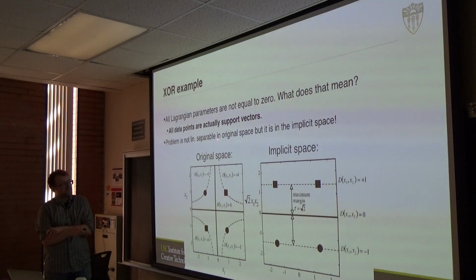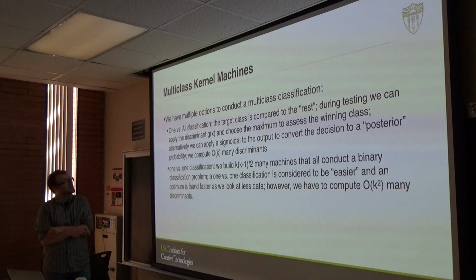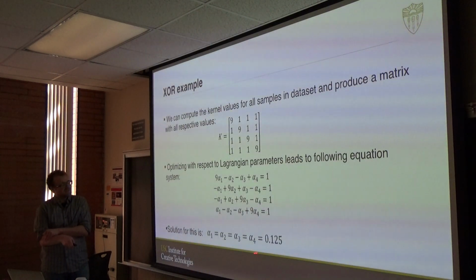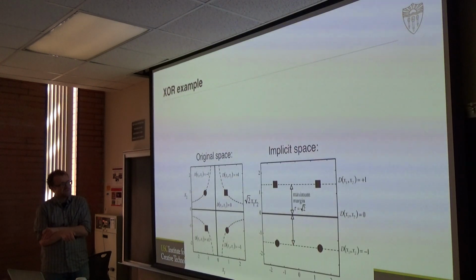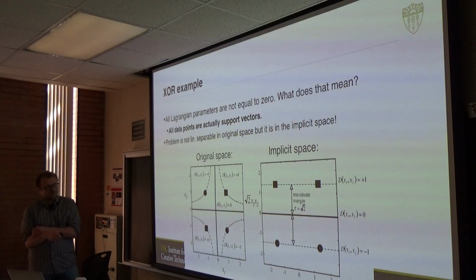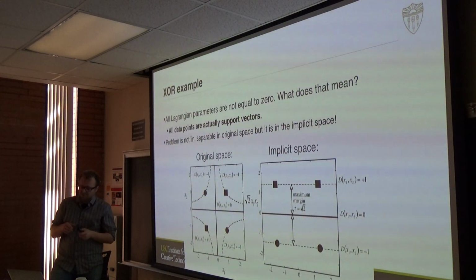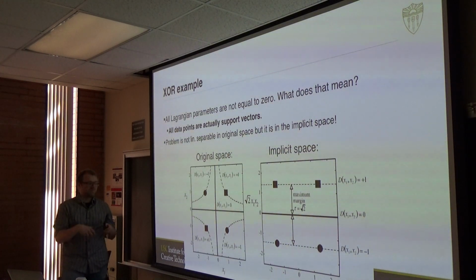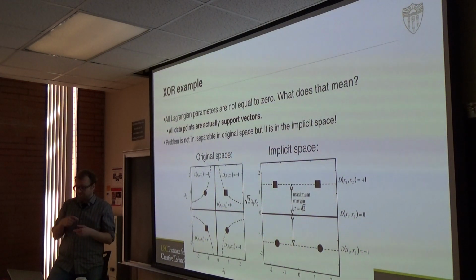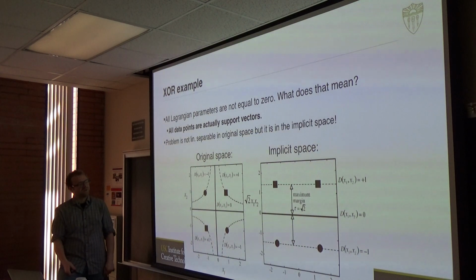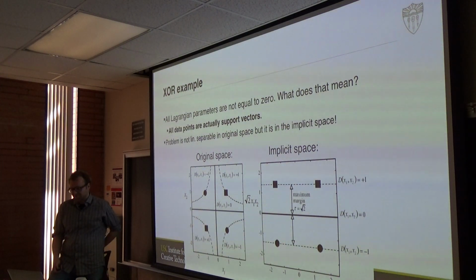It is not linearly separable in the original space, but it is in the implicit space. With these values, we could compute W0, and we can compute the weights and so on. We can make decisions now based off of that.